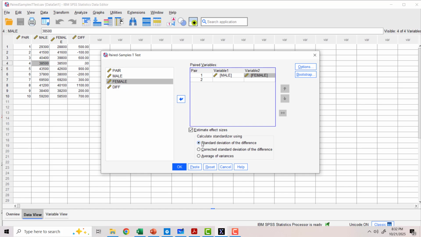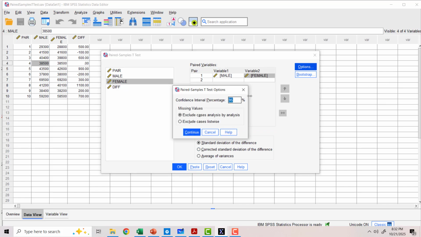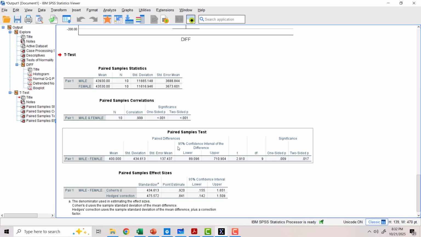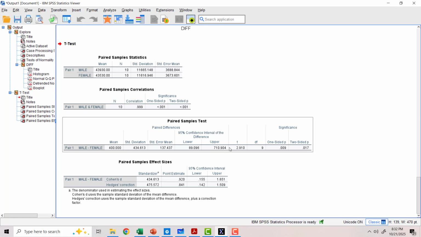We can estimate the effect size using the standard deviation of the difference, which is basically x bar d divided by s. I don't think we need any options because our null hypothesis is 0. We can also get a confidence interval. And here we go.